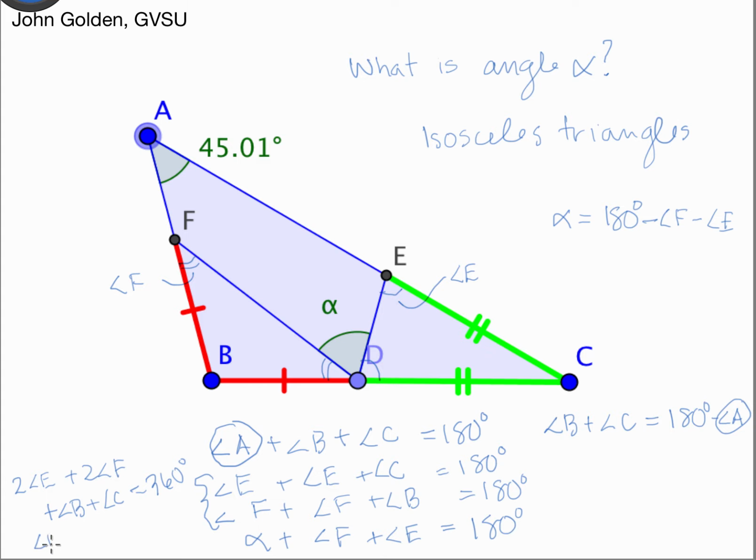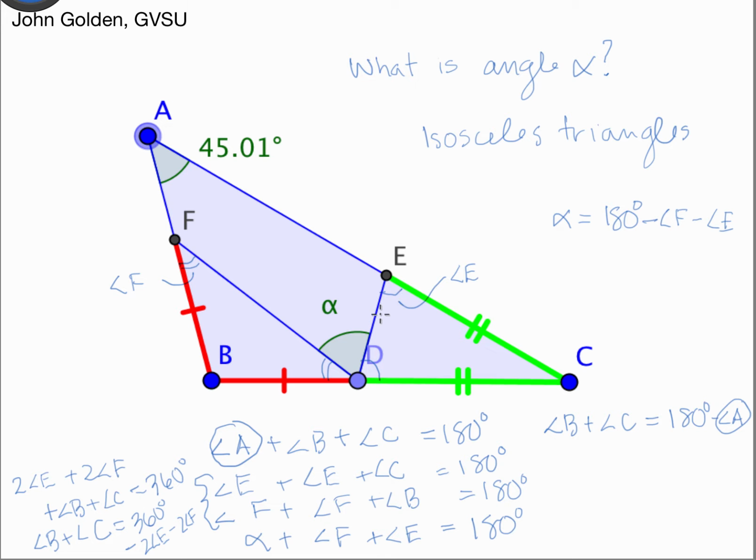So angle B plus angle C is equal to 360 degrees minus the 2 angle E's minus the 2 angle F's.